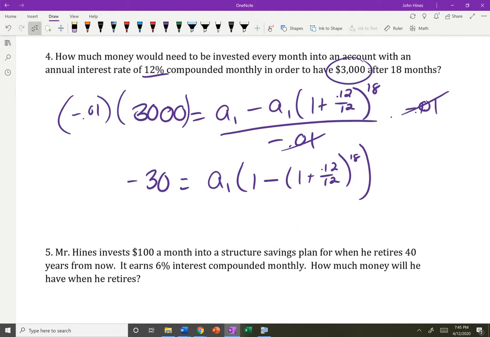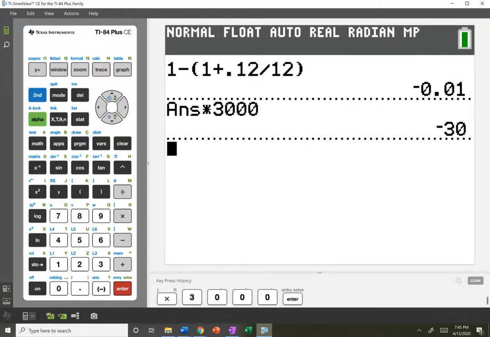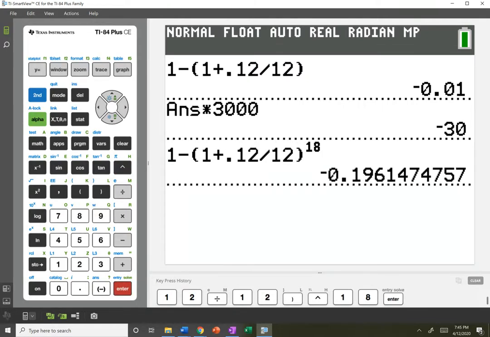So negative 30 equals A1 times that. So let me see what that is. 1 minus parentheses 1 plus 0.12 divided by 12 to the 18. So that's what's next to my A1 there.